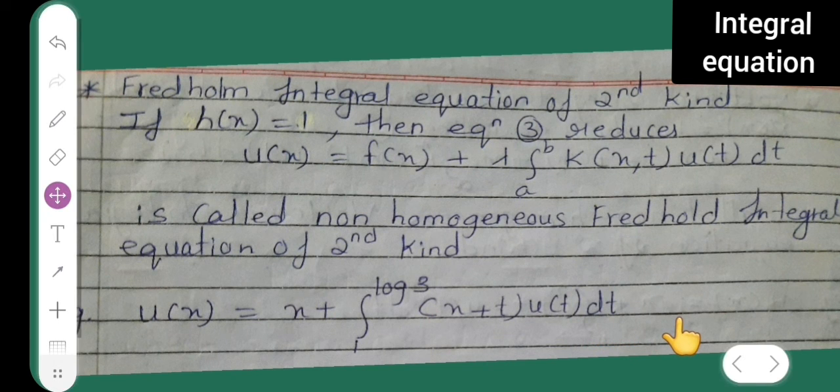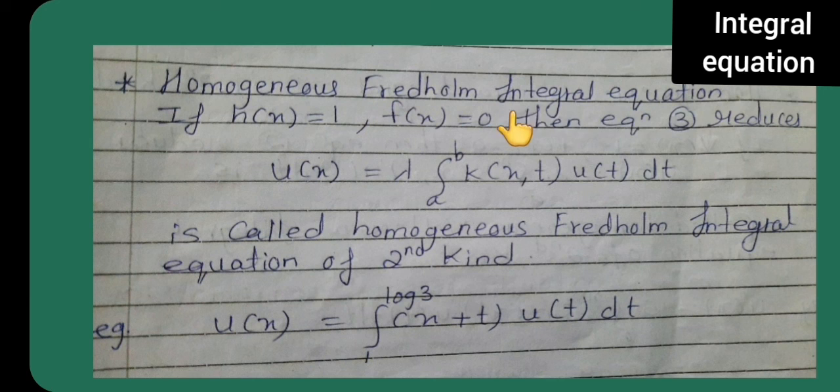Next is my homogeneous Fredholm integral equation. If h of x is equal to 1 and f of x is equal to 0, then equation 3 reduces to this. So if my h of x is 1 and f of x is equal to 0, then u of x is equal to lambda integral from a to b k of x comma t u of t dt, which is called homogeneous Fredholm integral equation of second kind.